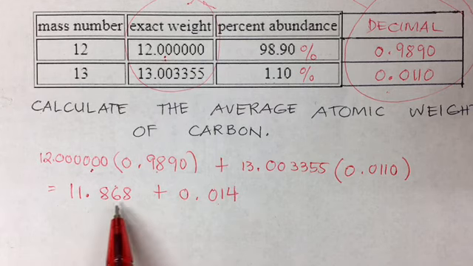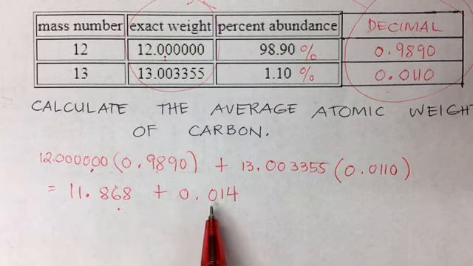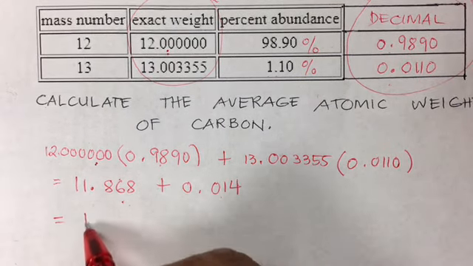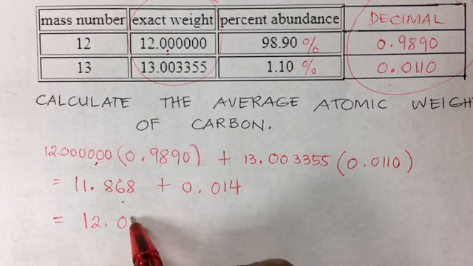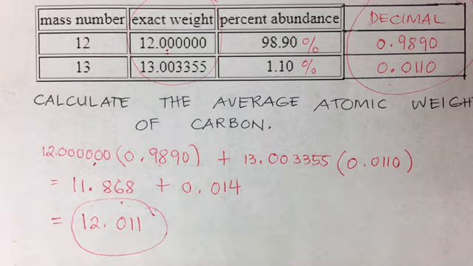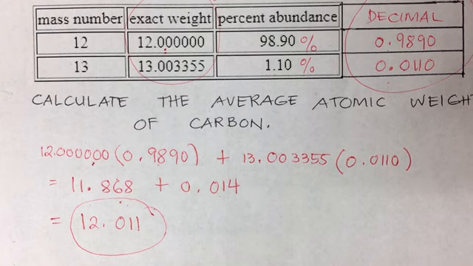So 11.868 plus 0.014 will give us 12.011. So now we got the average atomic weight of the element carbon as 12.011.